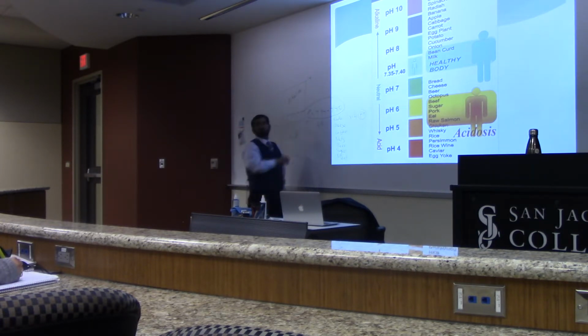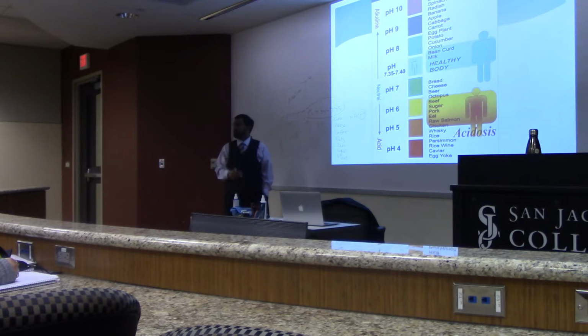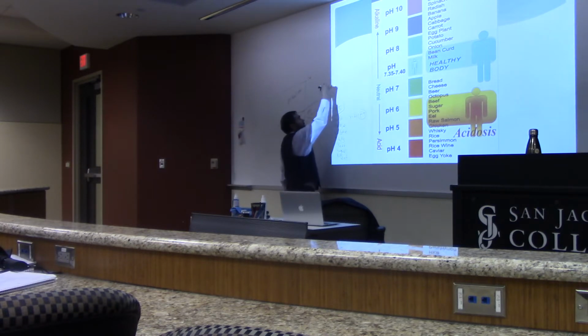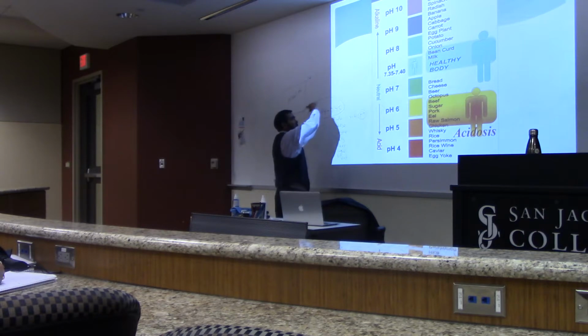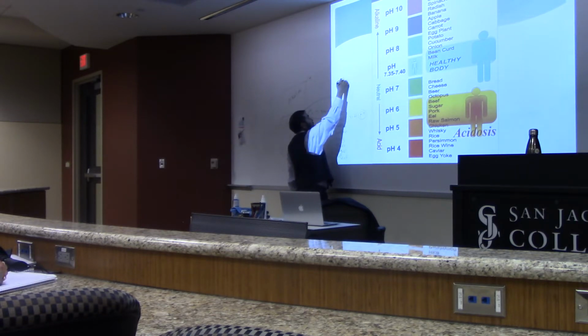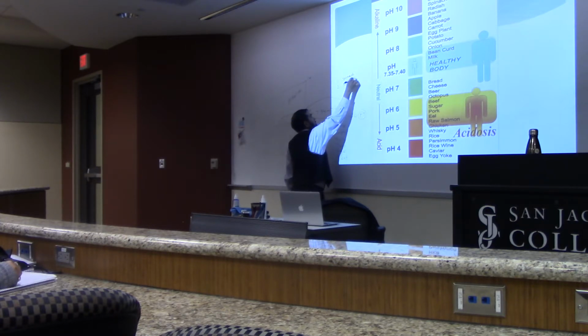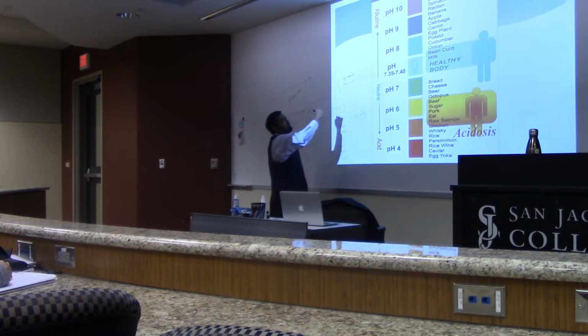So what are the alkaline foods you need to choose to maintain good pH, to be healthy from those diseases? Number one is spinach. It has to be raw spinach. Number two is broccoli. Number three is cabbage.